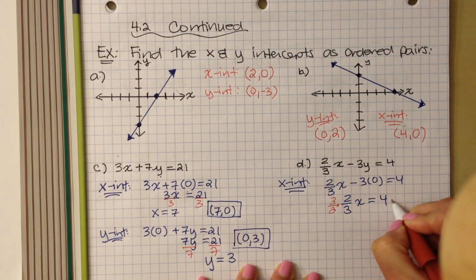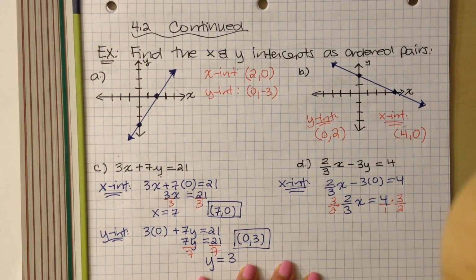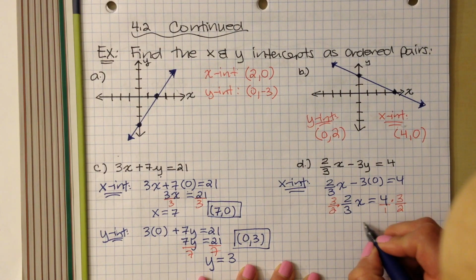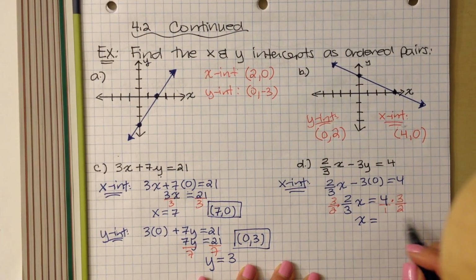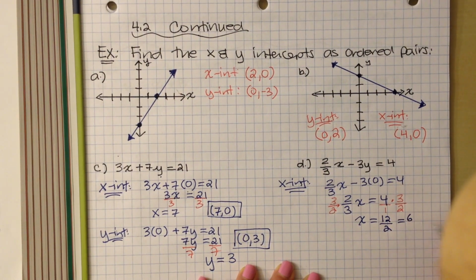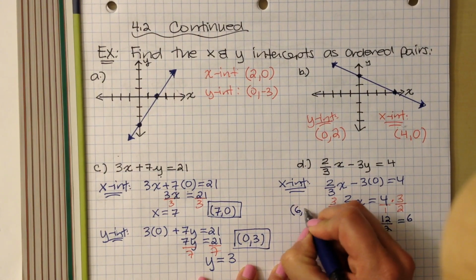You do it to both sides. You can write 4/1. You multiply fractions, numerator times numerator, denominator times denominator. Right here, we can reduce, and we're just left with x. Multiplying across gives me 12/2, and of course when you reduce, you get 6. So now we want to write our answer as an ordered pair. The ordered pair in this case is going to be 6, 0.